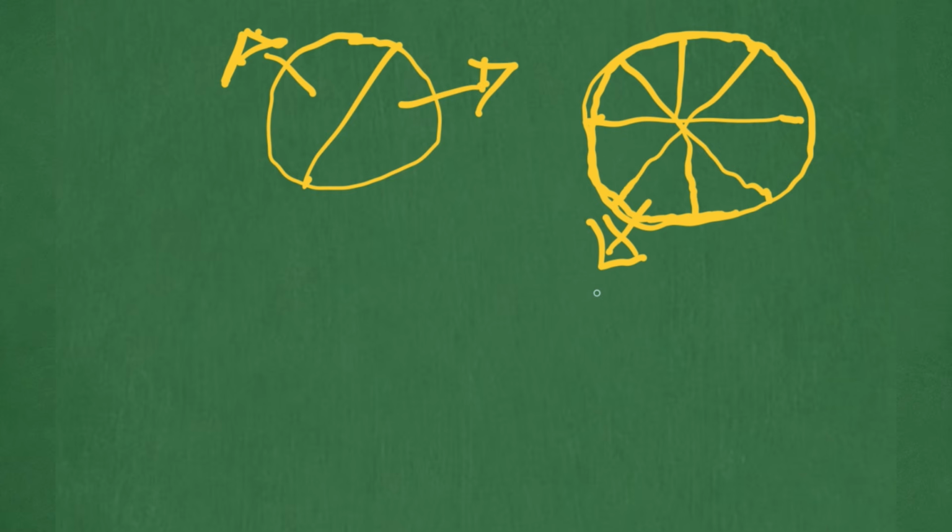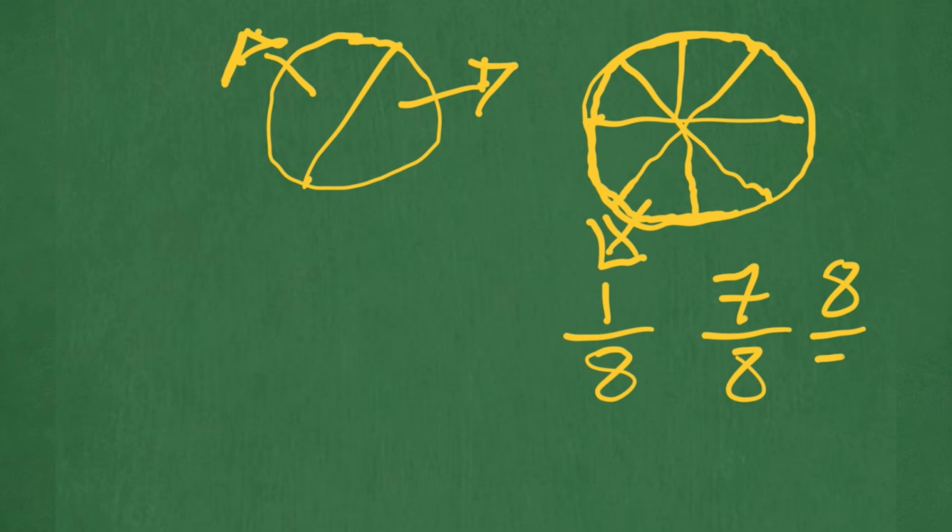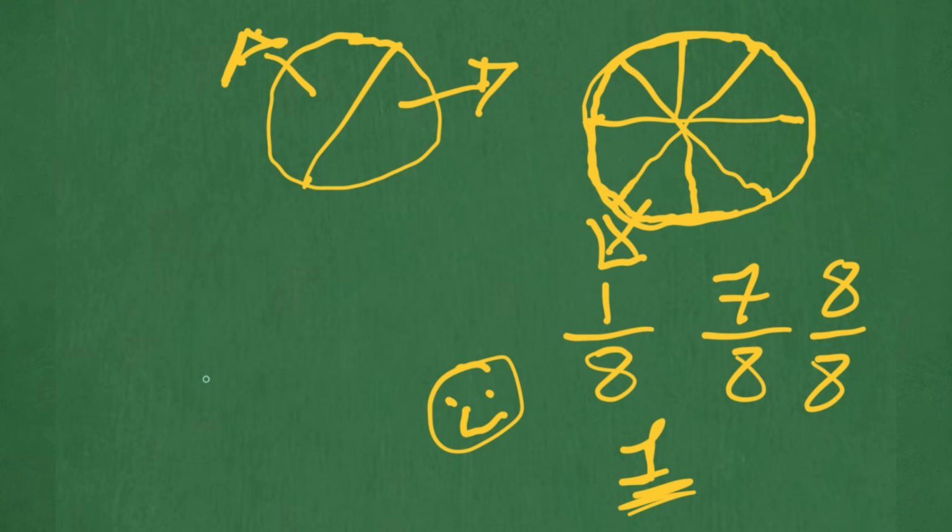So you may have 1 over 8. This part represents 1 slice of the pizza. And your friend may have 7 slices over 8. So if you add your slice of pizza to your friend's slice, it would be 8 over 8, which is 1 whole pizza. So this is what a fraction means, as easy as this.